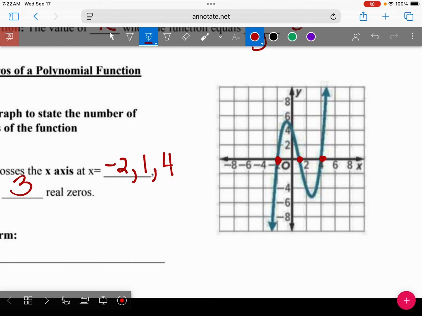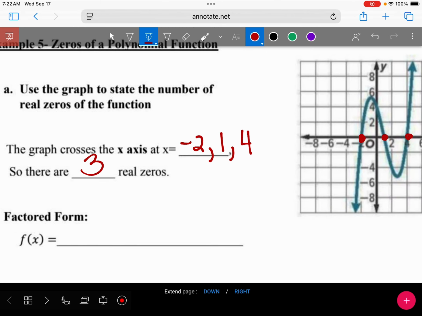When you write it in factor form, every place that there's a 0, you have to put a parentheses. Okay? So there's 3 zeros, so I want you to make 3 parentheses. So 1, 2, 3.